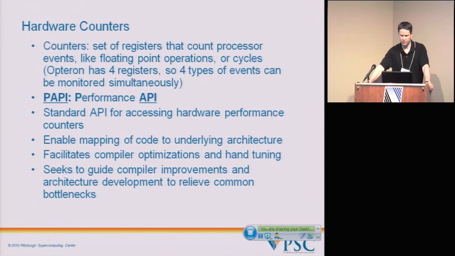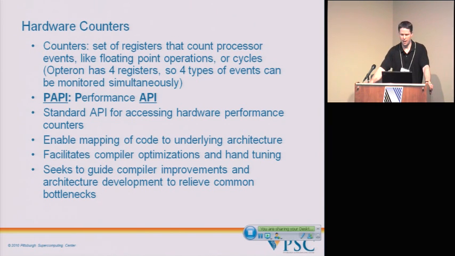One of the tools I mentioned in the beginning is called PAPI, which stands for Performance API. This is a standard API for accessing these hardware performance counters. The idea is that all these architectures are different, and the hardware counters available on them are all different. So it's very system specific if you want to get at these things.